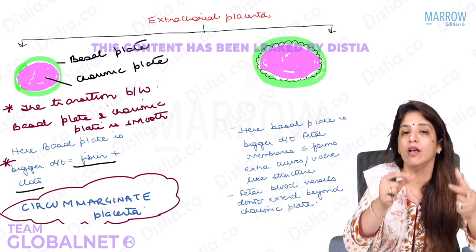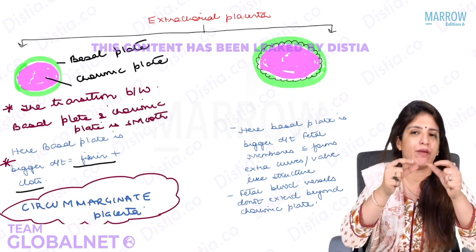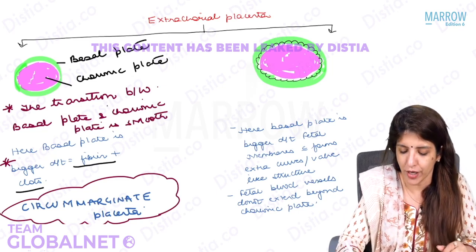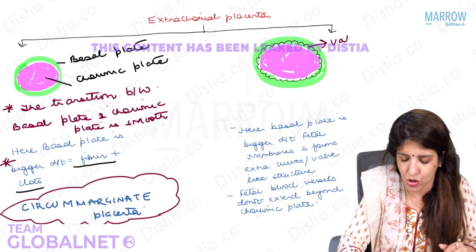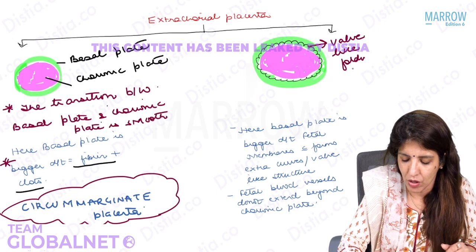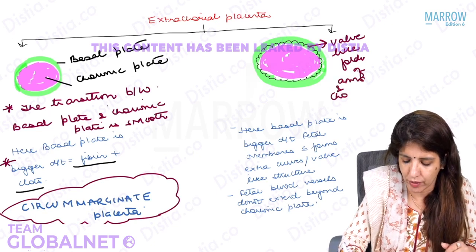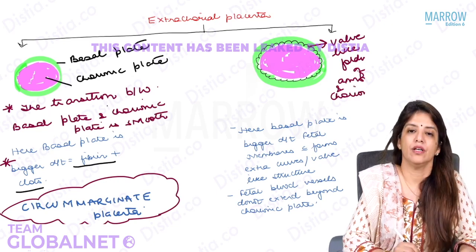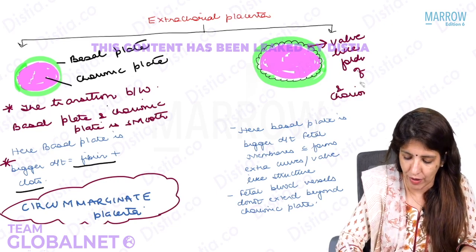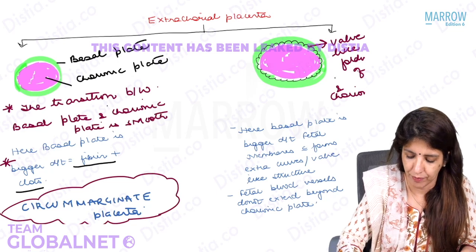Between the basal plate and the chorionic plate, you are going to see a valve-like structure, valve-like folding of amnion and chorion.